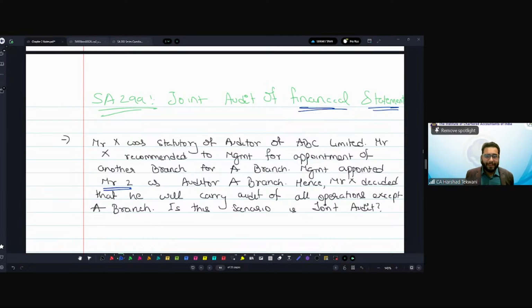I would request everyone not to focus on the name of the company. I'm just showing you how joint auditors issue a common report. We will understand what is the common audit report and what is the separate audit report at a later point in time today itself. But this is the example of a common audit report that both joint auditors issued together.